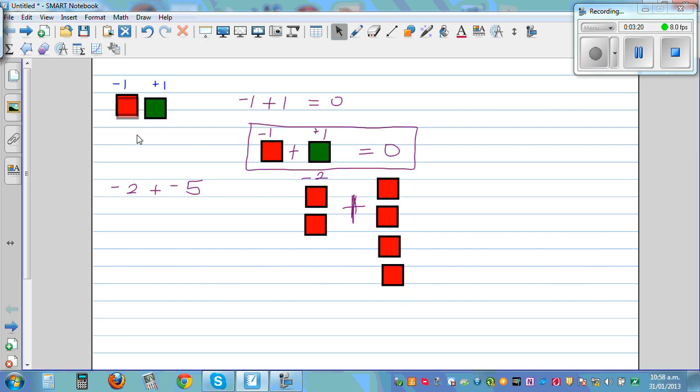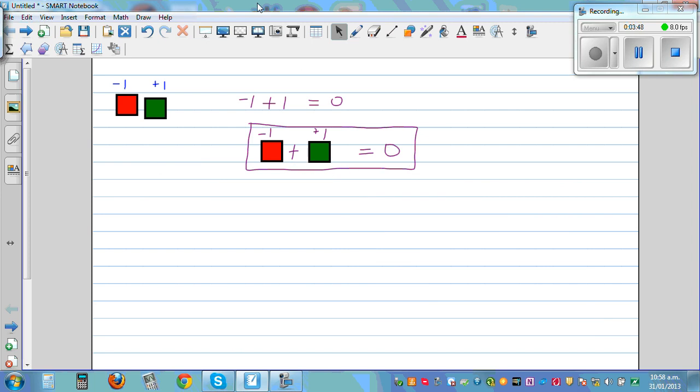This is a visual way to understand what -2 plus -5 is. You got 7 red tiles, so the answer is -7. Okay, so let's move on. Let me delete this.